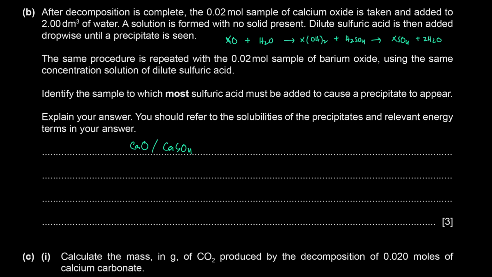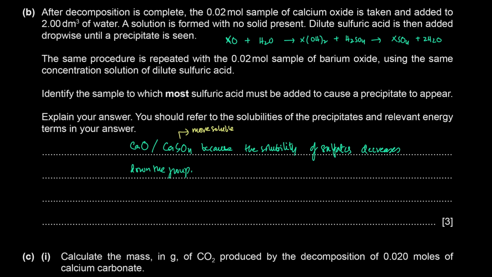This is because the solubility of sulfates decreases down the group. So in this case, calcium sulfate is more soluble, so we need to add more sulfate to it in order for it to precipitate.